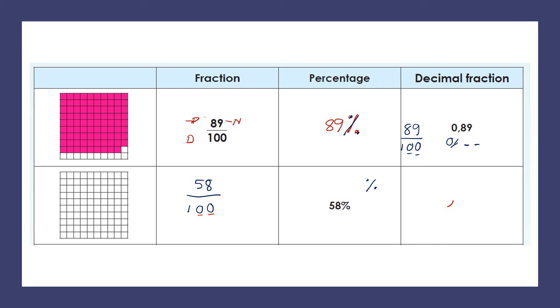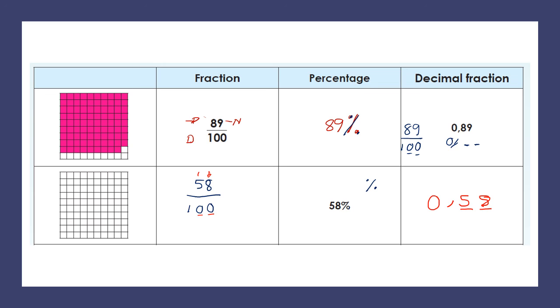So if I draw my comma, I know I need 2 spaces on the right of the comma. I start always from my units. And then I write the 5. And because it is a fraction, there's no holes. So it becomes a 0.